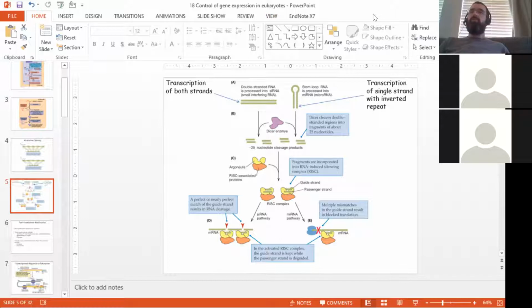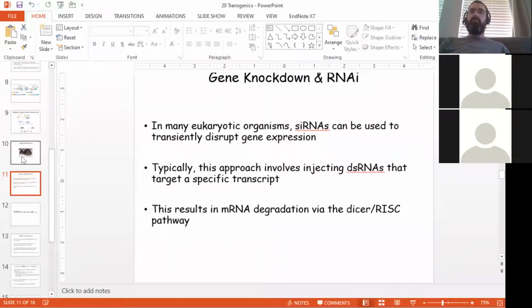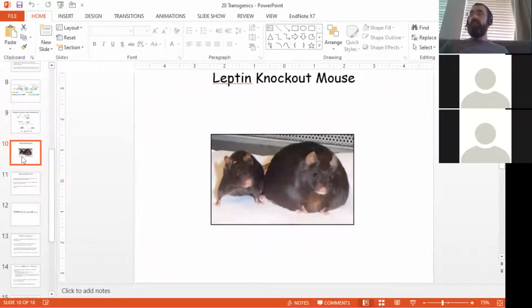So if you, for example, want to look at the role of leptin in adult mice, you could either insert a conditional knockout, which is only activated at a certain point, like by a chemical in its food, or you can use RNA interference to knock it out only in adults, or not knock it out, knock it down, sorry. And so it gives you an awful lot of control.